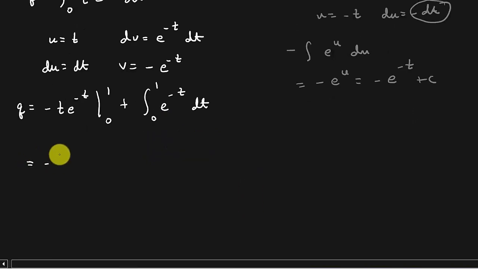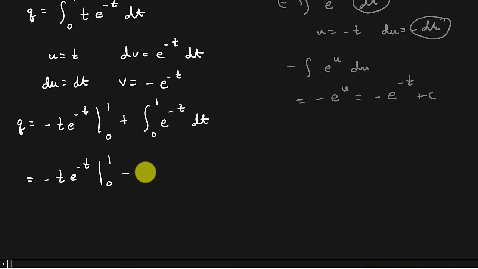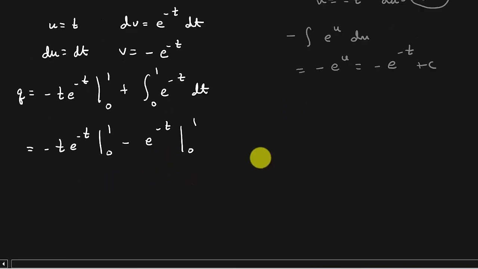And so this is going to give me negative t e to the negative t from 0 to 1. I'm not going to evaluate it just yet. And then we find the integral of that, and we did that over here already. That's just negative e to the negative t from 0 to 1.